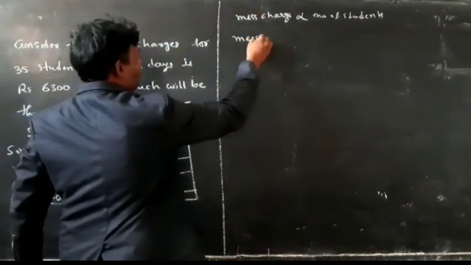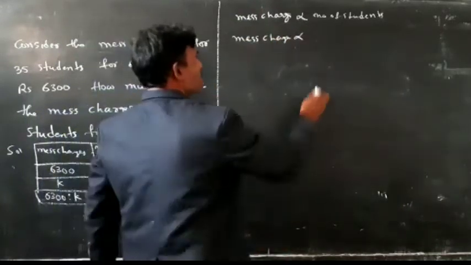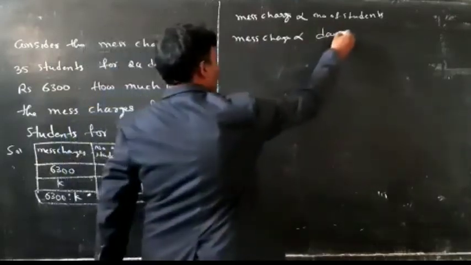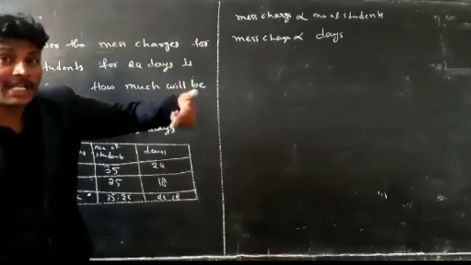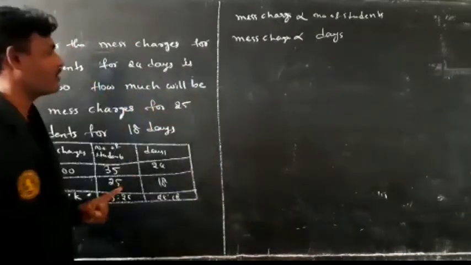In the second, mess charges are directly proportional to days. Okay, see here. It means here both are directly proportional. So no need to change the ratio.